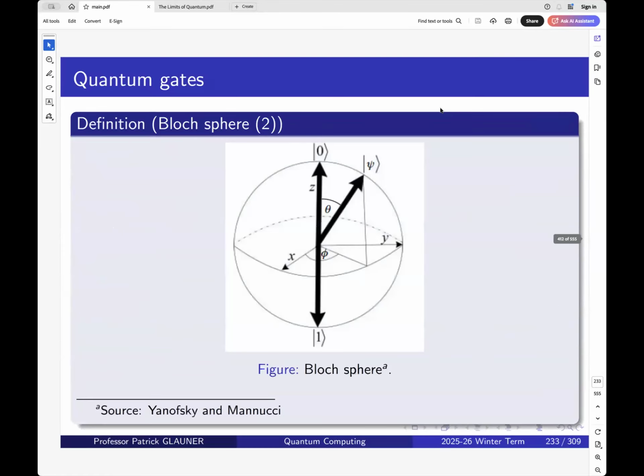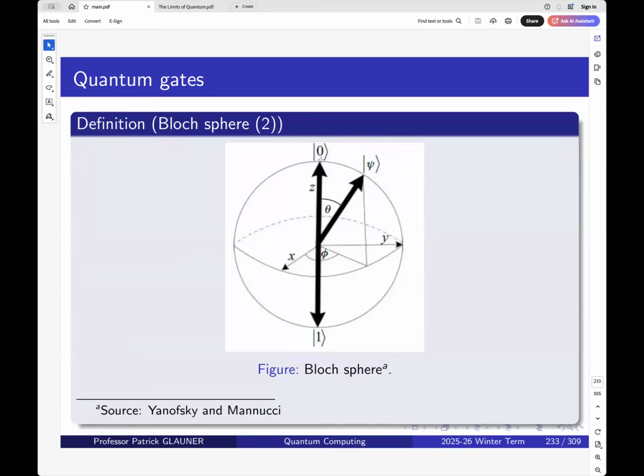When we look at X, Y, and Z in this Bloch sphere, one can actually notice that these Pauli matrices do a 180-degree rotation around the respective axes. The X matrix, we saw, would flip a 0 ket to a 1 ket, which is just from the North Pole to the South Pole, or from the South Pole to the North Pole. Concretely, we do a 180-degree rotation around the x-axis.